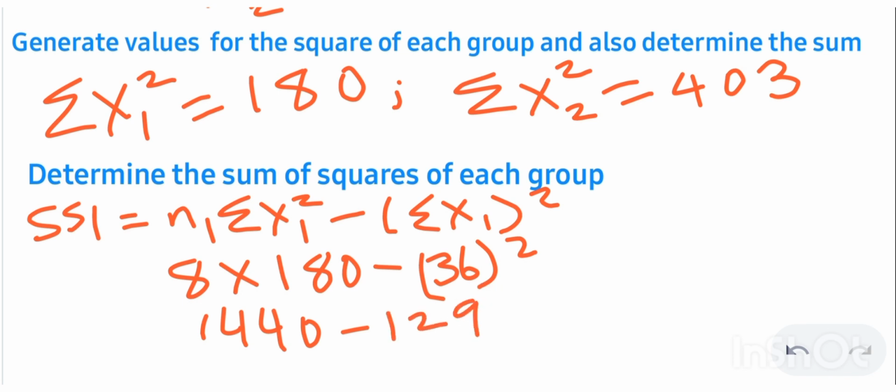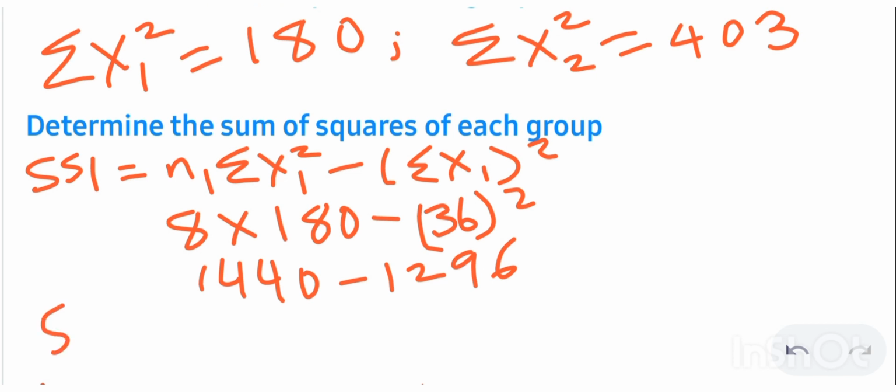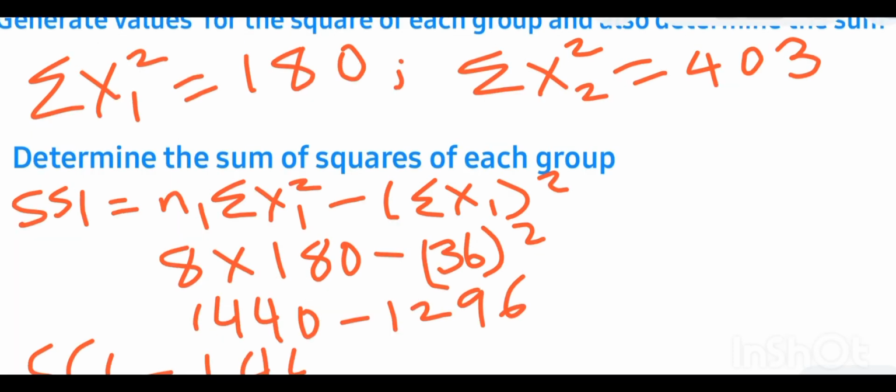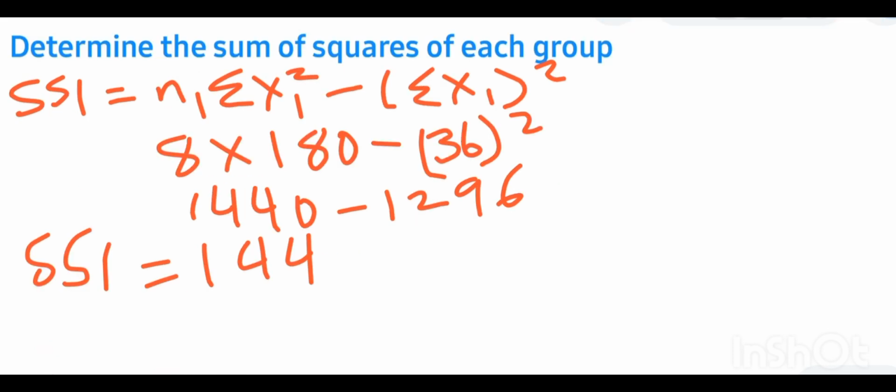So we have 1440 minus 1296, so our SS1 would be 144.